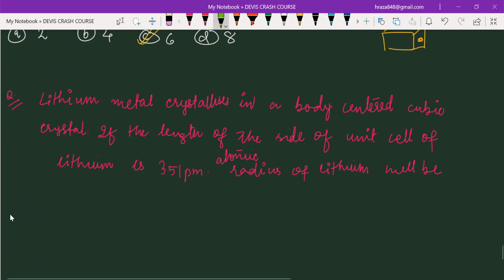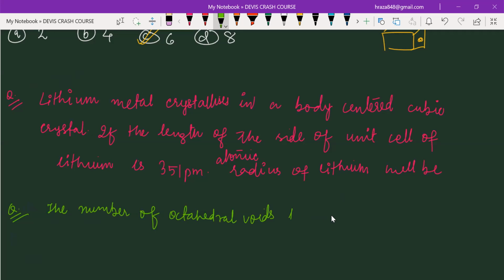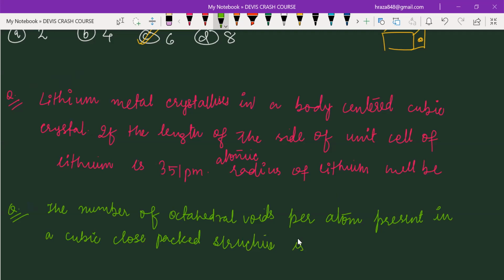Okay, the next question. The number of octahedral voids per atom present in a cubic close packed structure is... Yeah, it's 4, right?